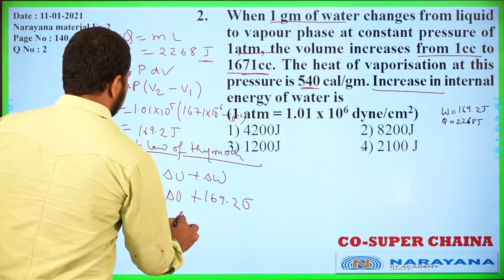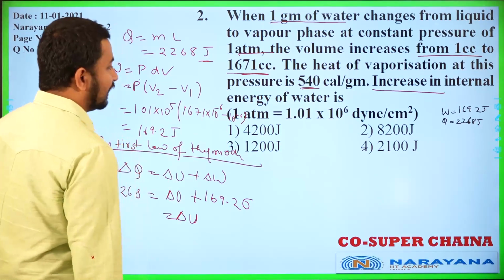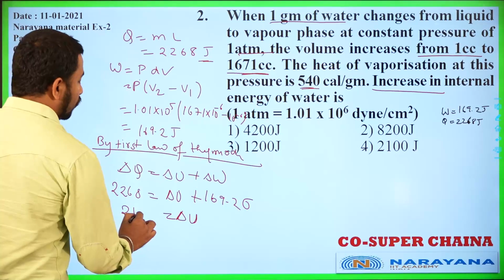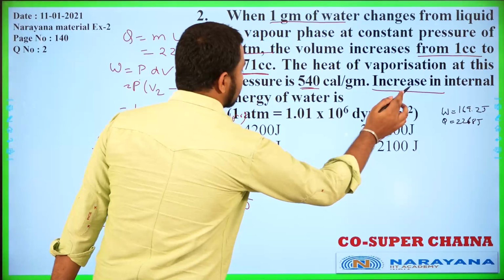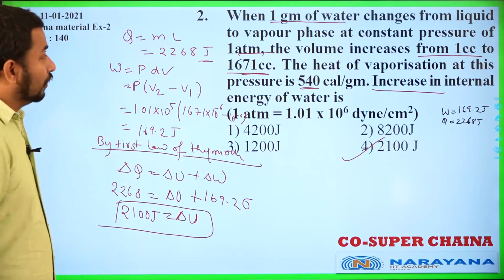So if you substitute the value carefully, we'll get the answer as 2100 joule. The change in the internal energy will be 2100 joule.